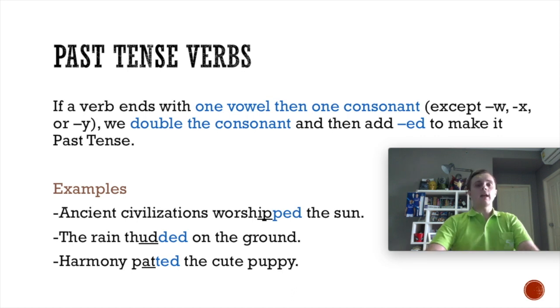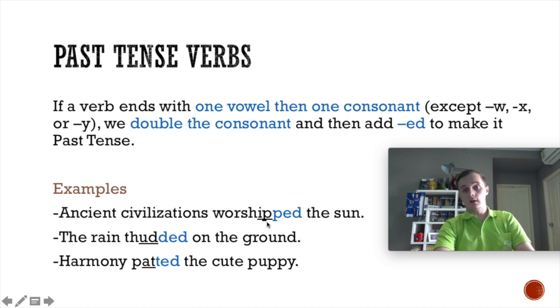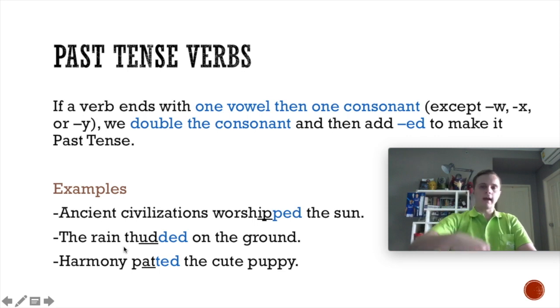So, ancient civilizations worshipped the sun, like they saw the sun as a god. Worship ends with the vowel I, then the consonant P. We double the consonant P, add ed, worshipped, W-O-R-S-H-I-P, P-E-D. The rain thudded on the ground. Thudded means like smack.